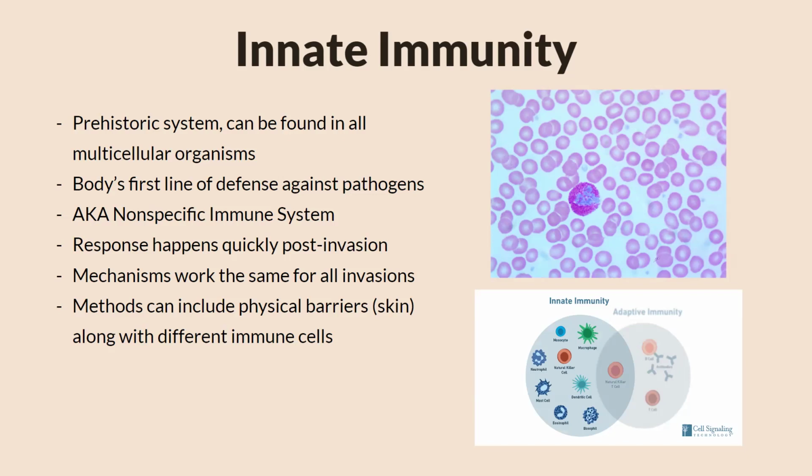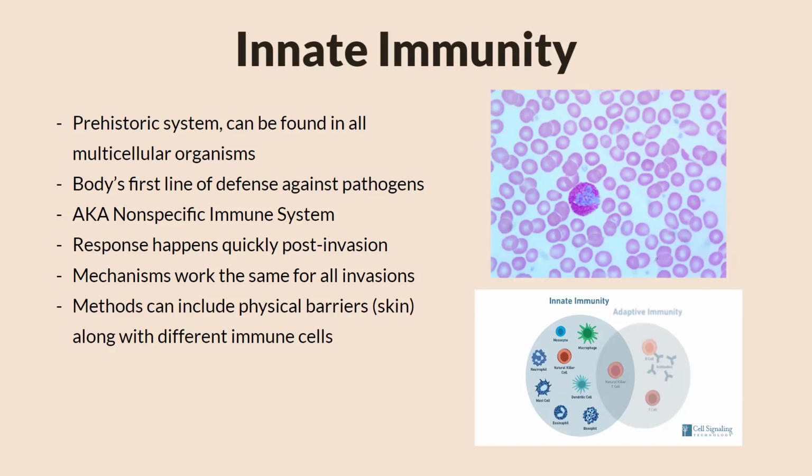Your innate immunity is your body's first line of defense. The main pathogen-blocking response that we have is the skin. It's our largest organ and it prevents entry into the body unless you have abrasions or cuts, which is when the rest of your innate immune system starts to act.